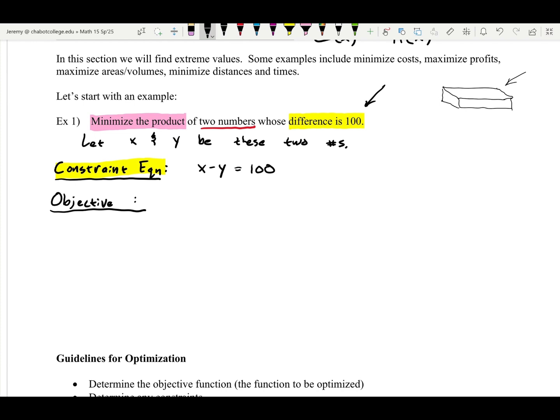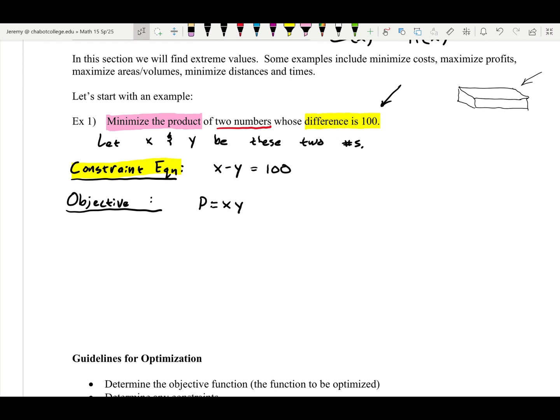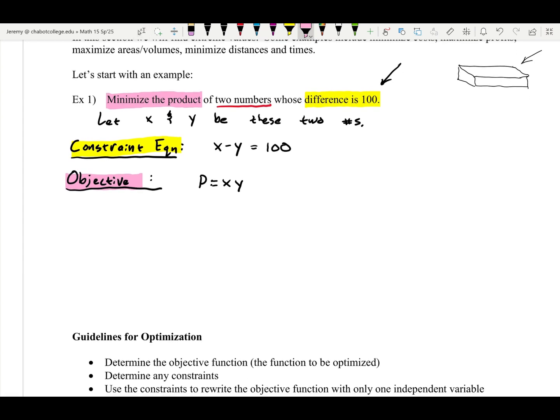I'll define the product and just call it P. This equation is pretty simple. P is just equal to x times y. Now what we're trying to do in this problem is minimize the product P.